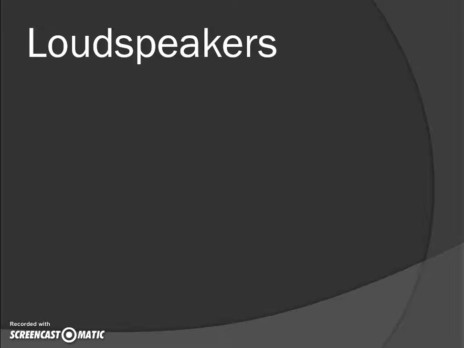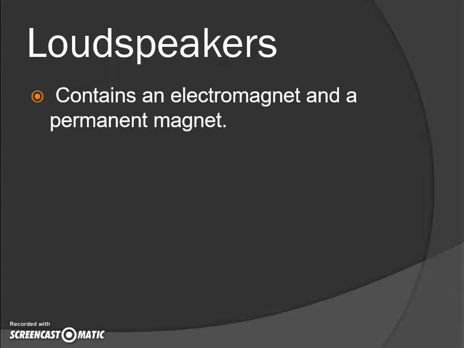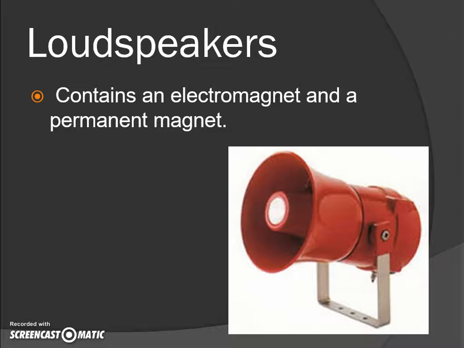So electromagnetic devices can convert your electrical energy into some kind of motion, a vibration that you can hear, a motion that can be followed, so to speak. And that's it for electromagnets.